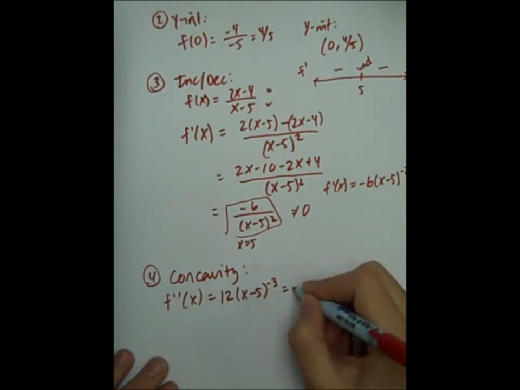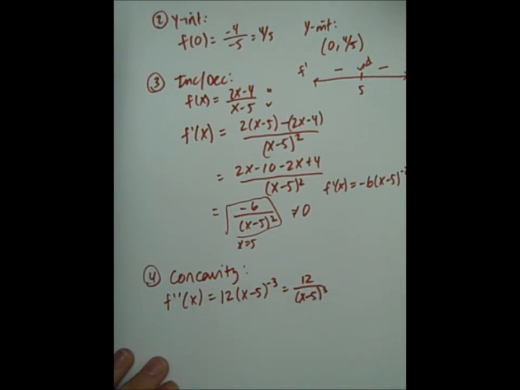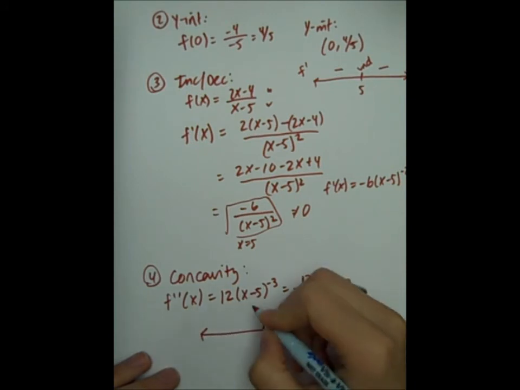So this is 12 over (x minus 5) cubed. Assuming that we did that right here. Now let's see, is this ever 0? No, it's never 0, just like the first derivative wasn't. But is it ever undefined? Yes, at x equals 5.